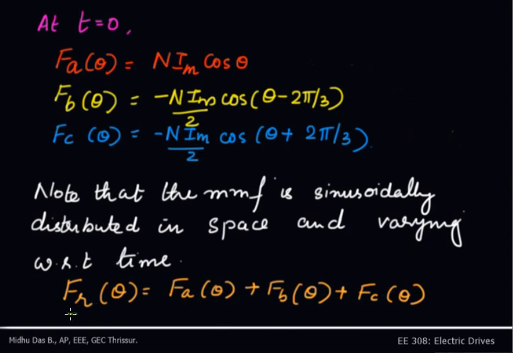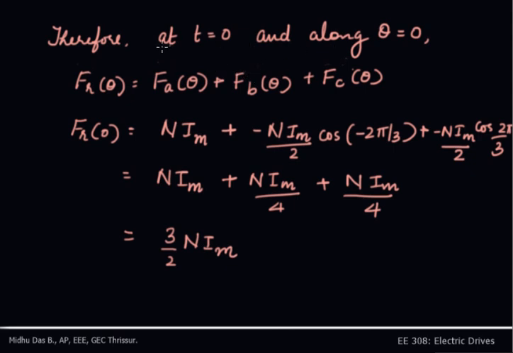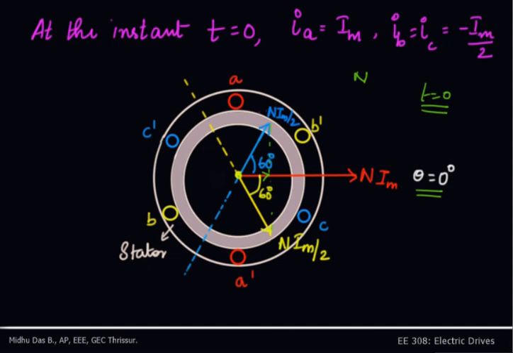So what is the resultant MMF because of the interaction of these three MMFs? Fr of theta is Fa theta plus Fb theta plus Fc theta. As I said before, the MMF is sinusoidally distributed in space and varying with respect to time. So we have considered this instant alone now, at t equal to 0. So at t equal to 0 and along theta equal to 0, what will you get? Nim. We saw this direction is theta equal to 0.